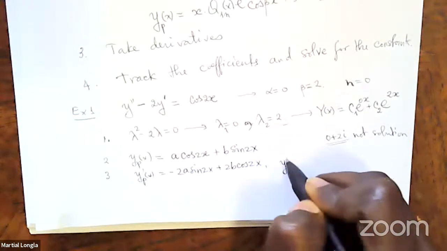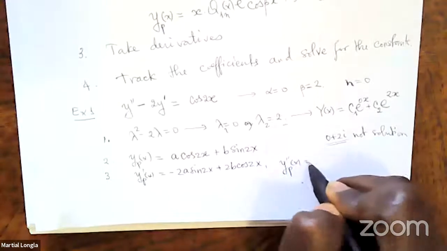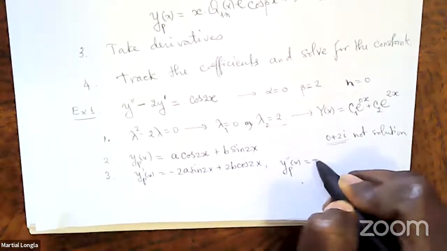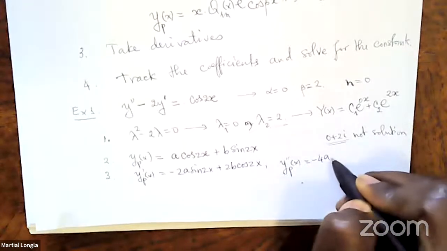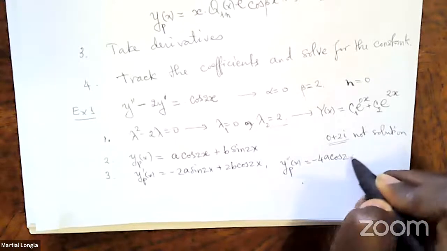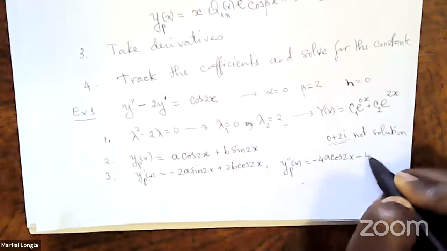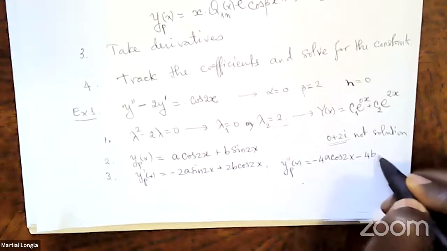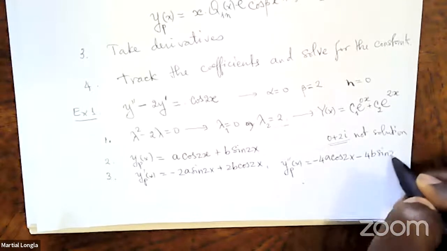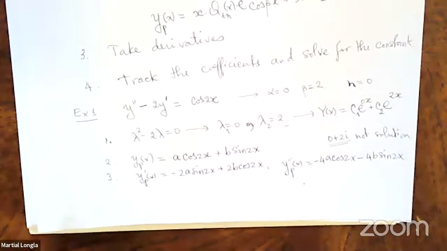Then you take the second derivative. It's going to be negative 4a cosine of 2x minus 4b sine of 2x. So those are all the derivatives that you need in this problem.